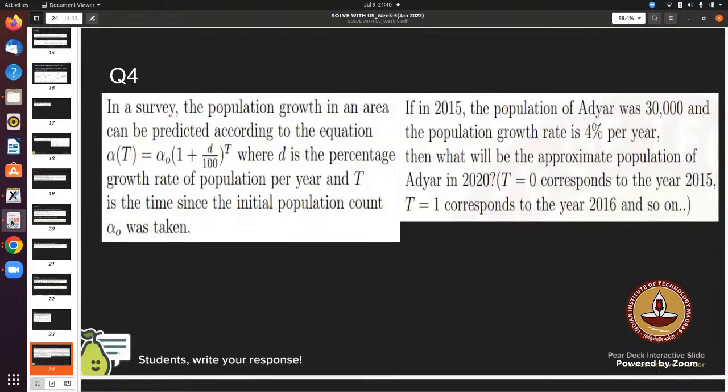If in 2015 the population of Adyar is 30,000 and the population growth is 4% per year, then what will be the approximate population in 2020? T0 is basically 2015, T1 is 2016 and so on. Can you calculate this problem and then we can check.